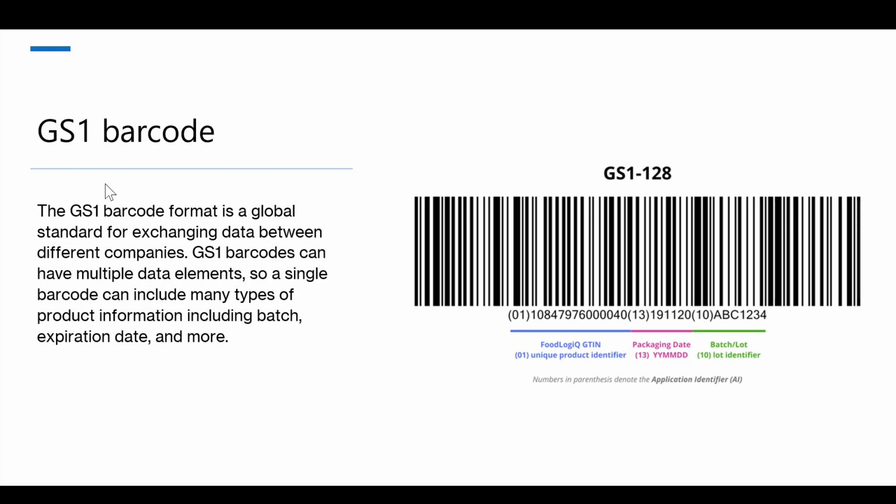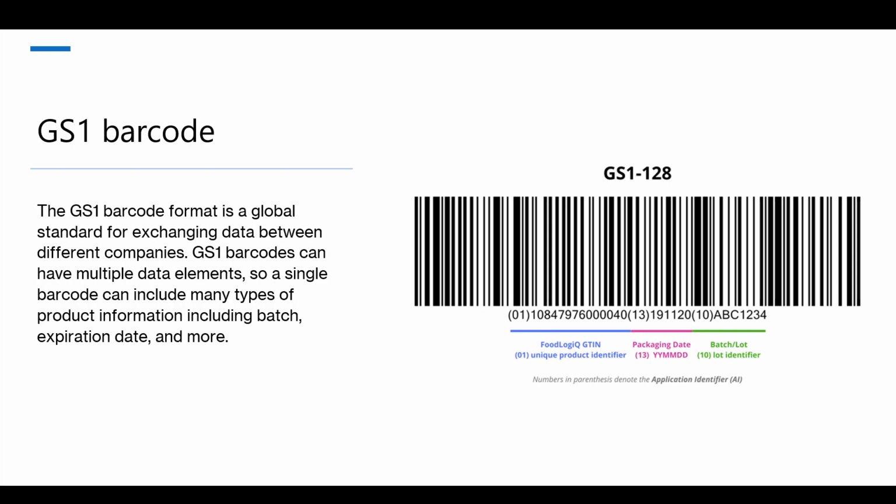So here, for example, this is a GS1 128 barcode. This barcode contains the data for GTIN, packing date, and batch information. You will observe here numbers between parentheses. These numbers are called application identifiers, or AI.